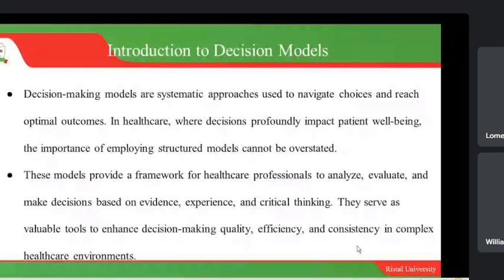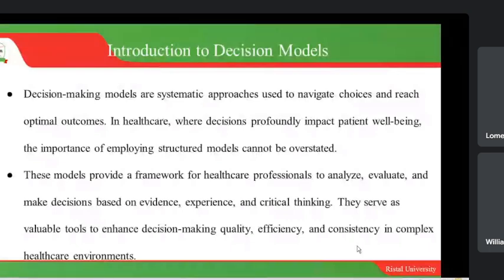The models that we intend to discuss here are critical in ensuring our evidence is concrete. We use critical thinking to make these decisions. They also serve as valuable tools to enhance decision making, quality, efficiency, and consistency in complex healthcare environments.